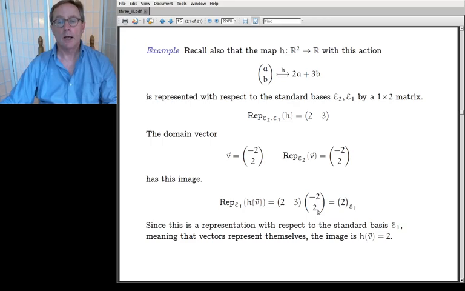You multiply it by this column vector, minus 2, 2, and you get here negative 4 plus 6, and you get just the 1 row, 1 column matrix. Sometimes people leave out the parentheses. 1 row, 1 column, 2. And of course, since that's a representation with respect to the standard basis E1, in fact, the image h of v is 2.